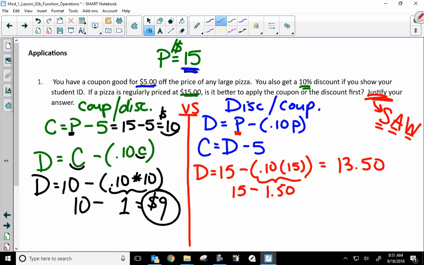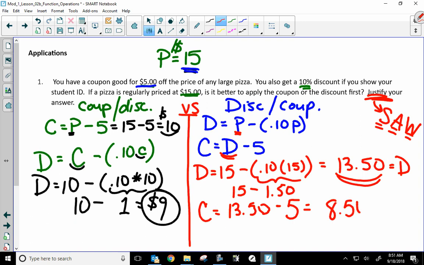I still need to apply the coupon to that price. So now, if this is my P value, my discounted price, that goes right here. So my coupon is my discounted price minus the $5 coupon. And that would give me $8.50.